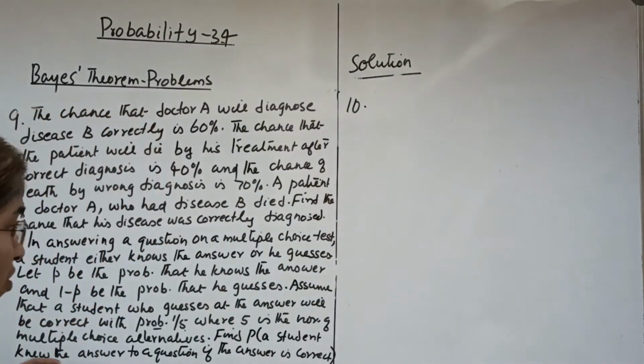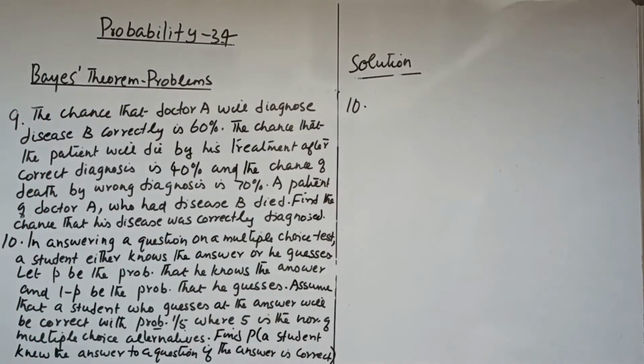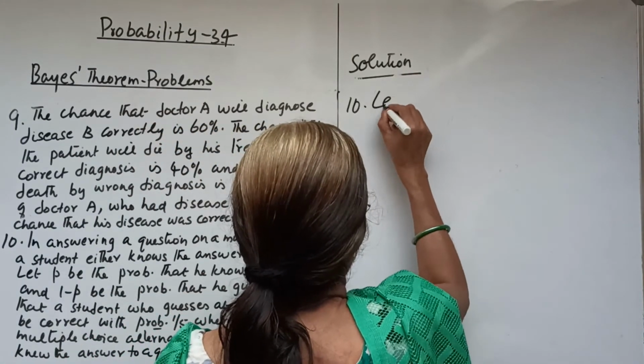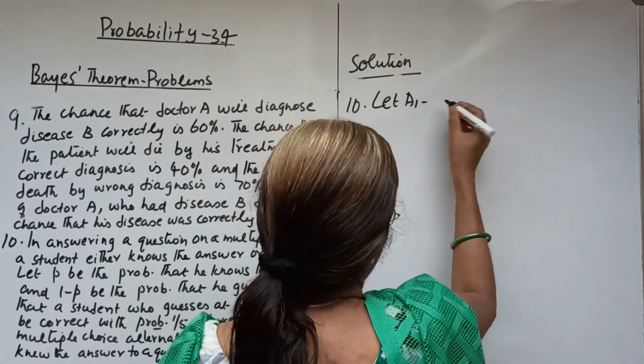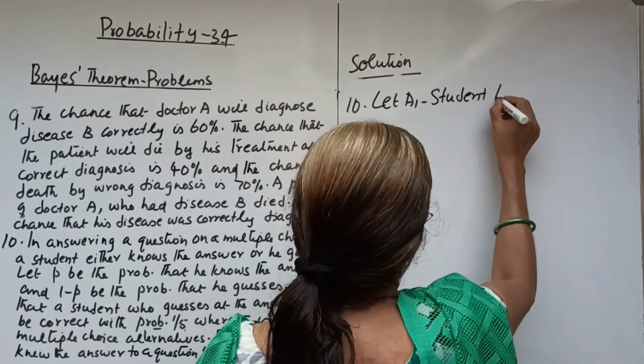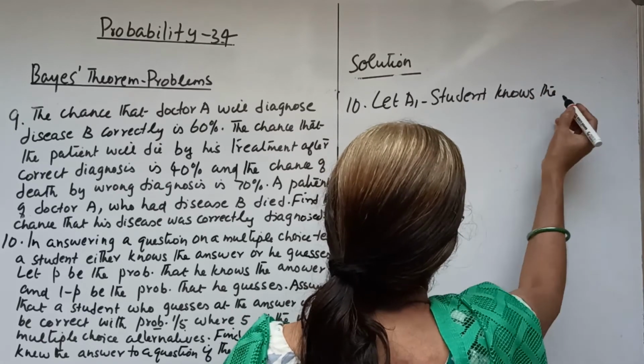We are given he knows the answer with probability P and hence he guesses the answer with probability 1 minus P. So let us define the events.